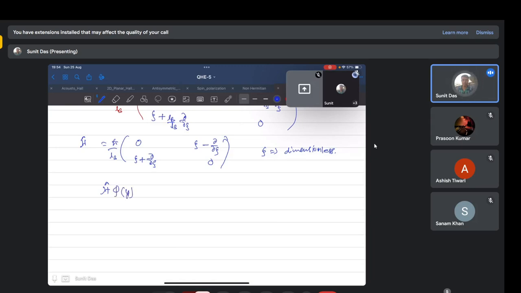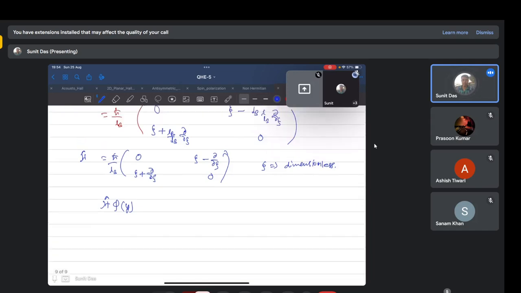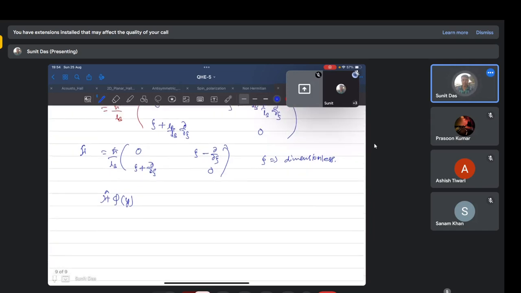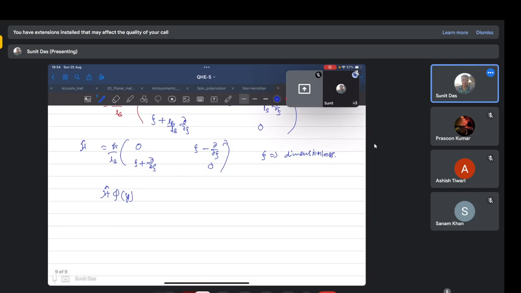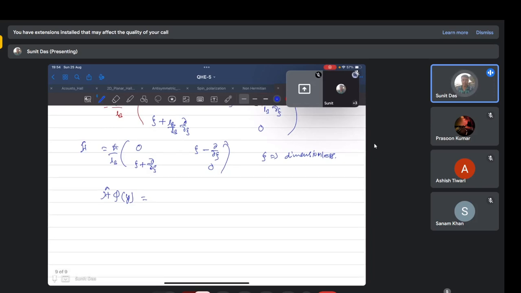In both sides there is e to the power ikxx, which cancels out, and this will be minus e by vf, and this side will be h bar and lb, right? And phi y.